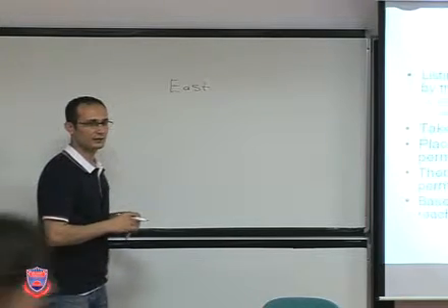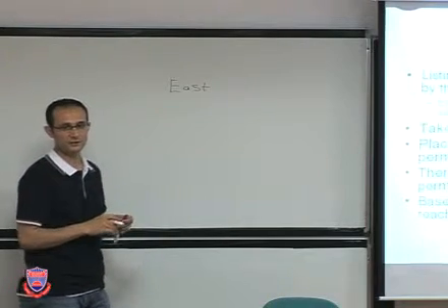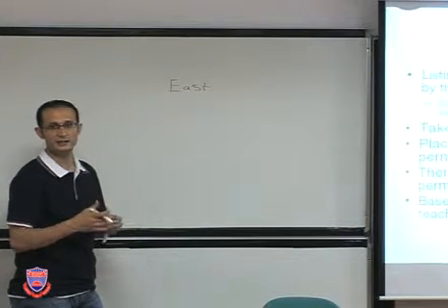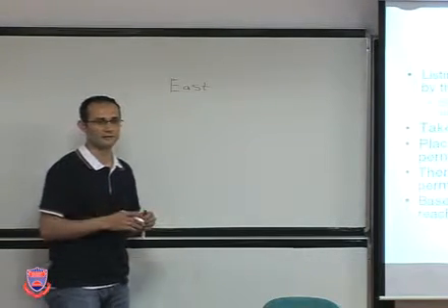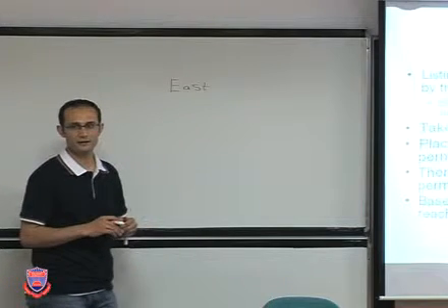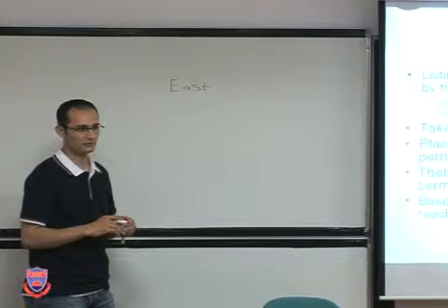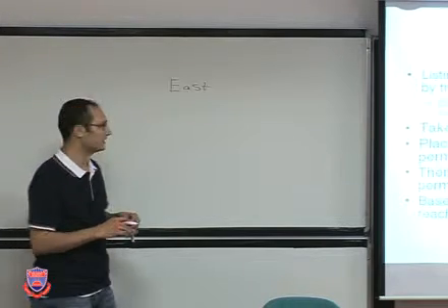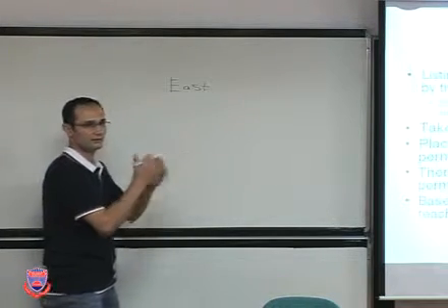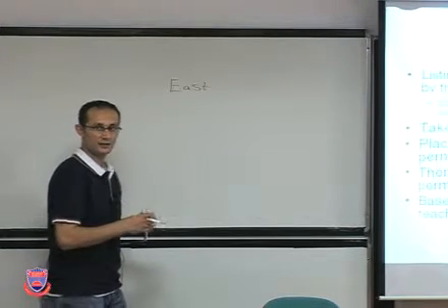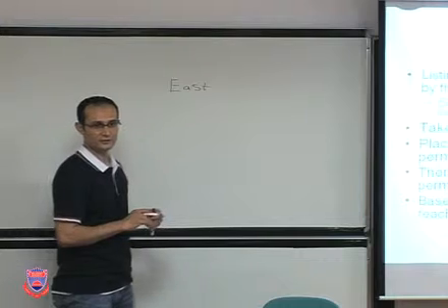How many different words can you write, meaningful or not, doesn't matter? You will have 24 different combinations, basically 4 factorial, right? So you rephrase the word and generate new strings as a result.